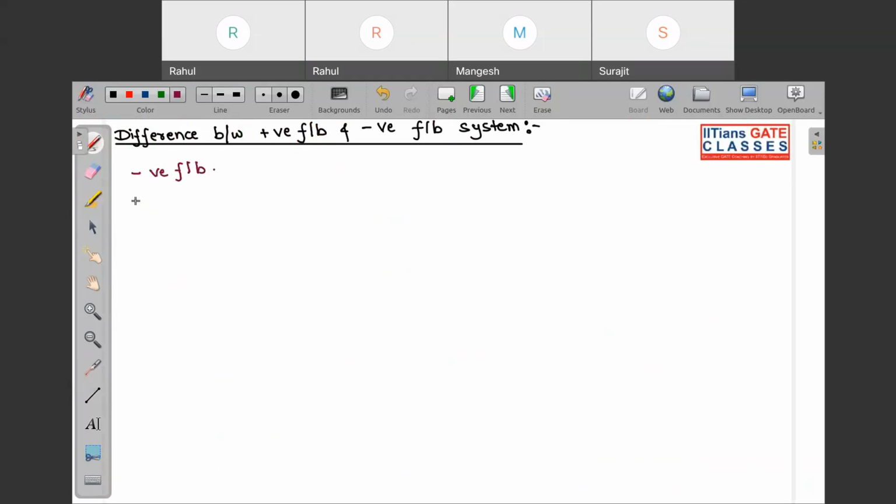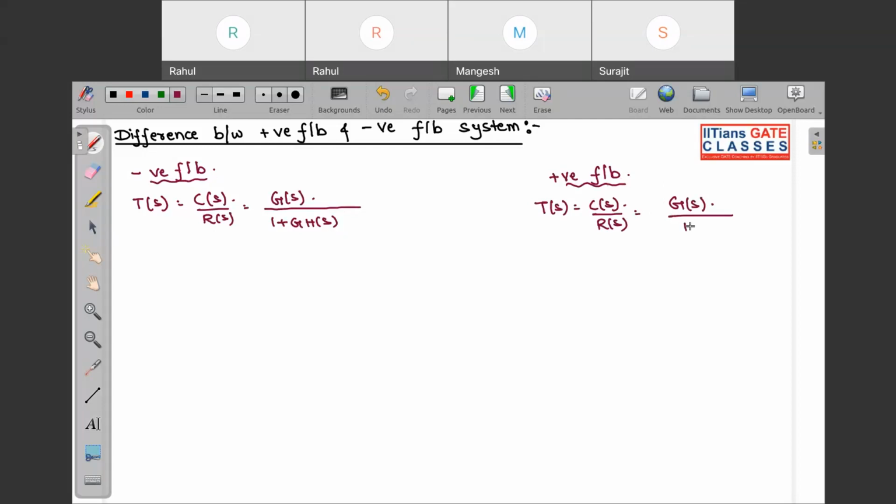The closed loop transfer function, this is your negative feedback, and for your positive feedback, T(s) is equal to C(s)/R(s), which is equal to G(s) over 1 minus G(s)H(s). Okay, so this is your positive feedback.